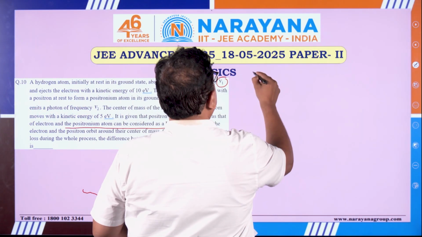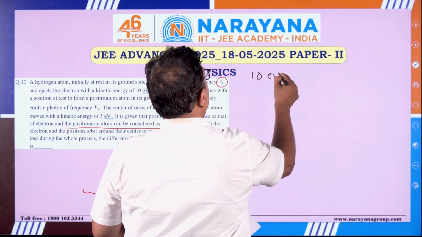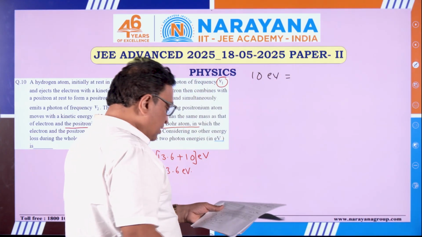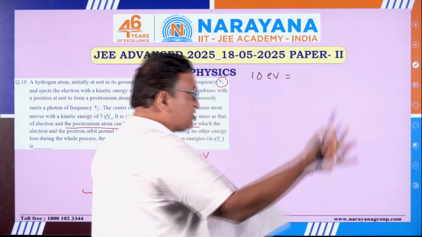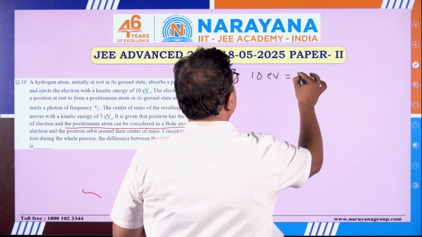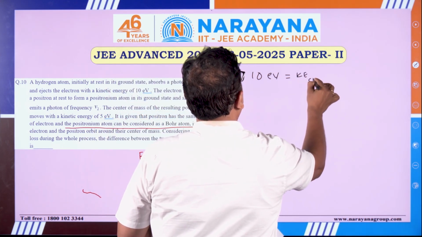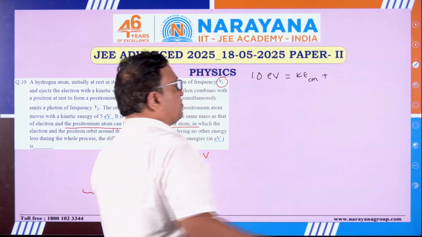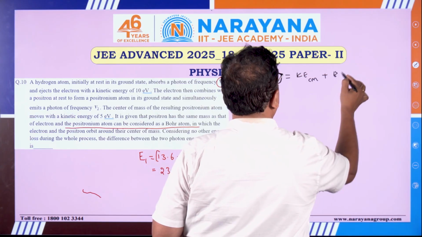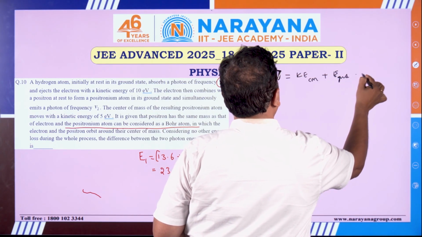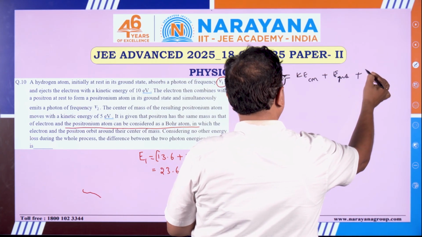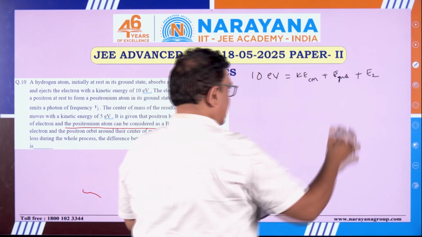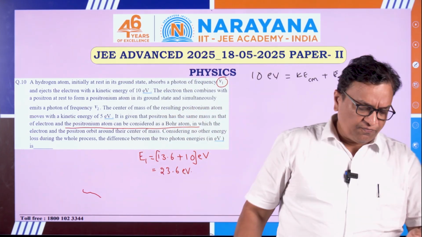This 10 electron volts is distributed as the kinetic energy of the center of mass plus the ground state binding energy, E ground state, plus E2. That is the energy you got as a photon.